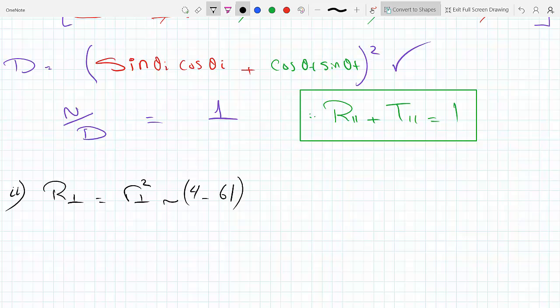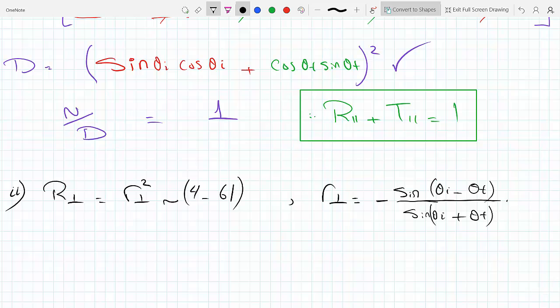And we also know that r perpendicular is minus sine theta I minus theta t over sine theta I plus theta t.